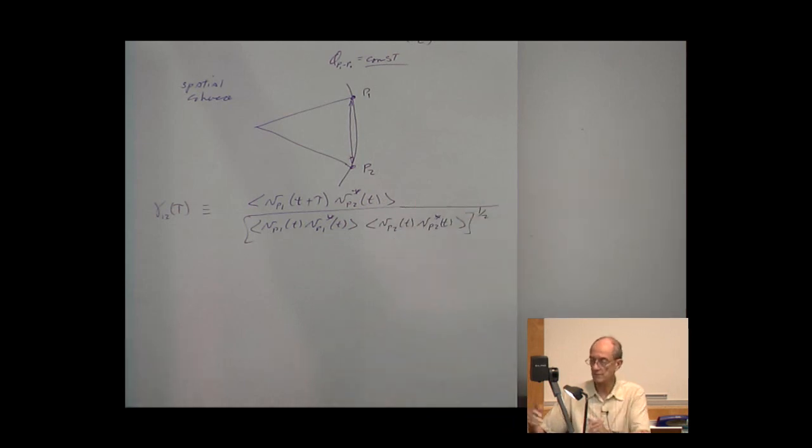So this was our definition of the complex degree of coherence function, and we saw that this is not just an artificial term.